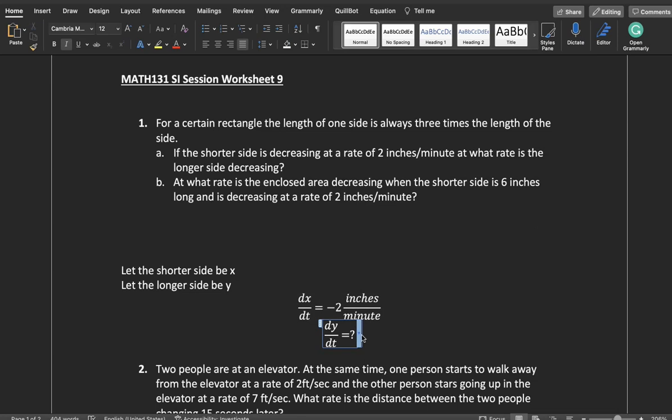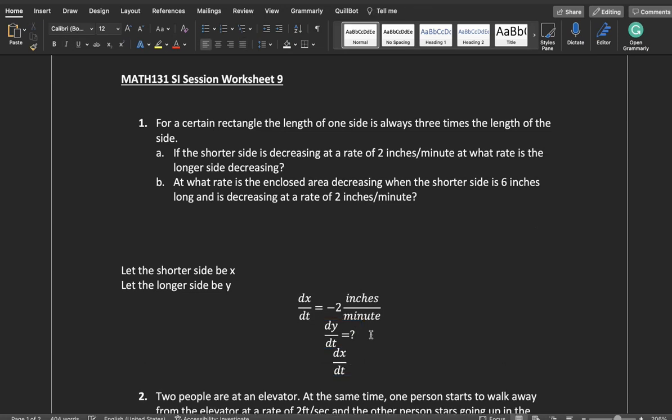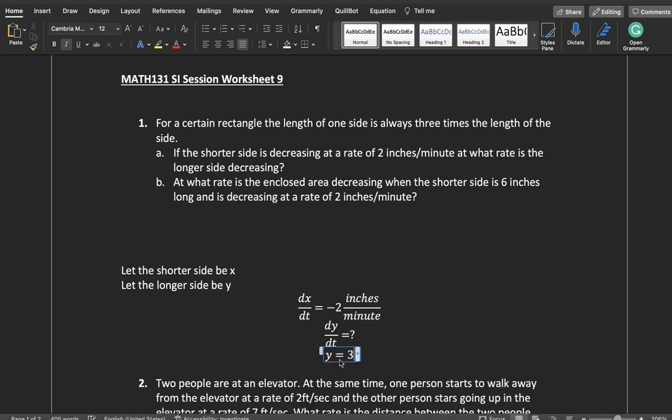Another thing that we're given in the question is that the length of one side is 3 times the length of the other side. So we could say that y is equal to 3x, right?